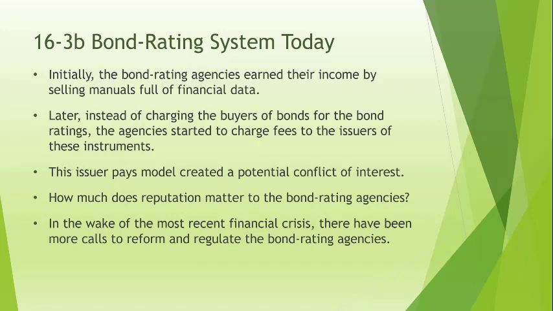So how much reputation matters to the bond rating agencies is a good question. And in the last financial crisis, the bond rating agencies played an important role in the rollout of the crisis, because they were asked to provide ratings for mortgage-backed securities.